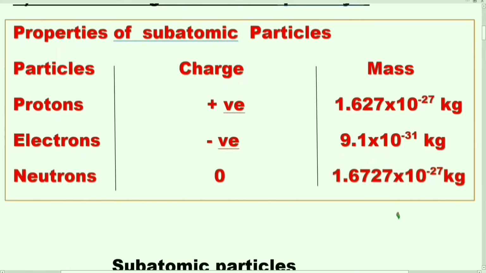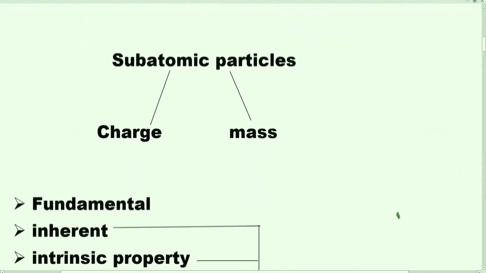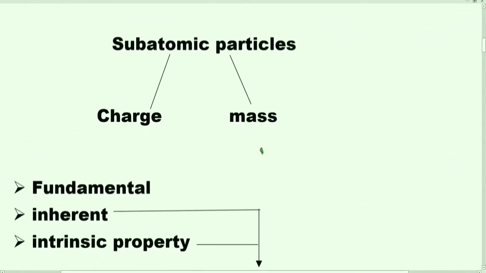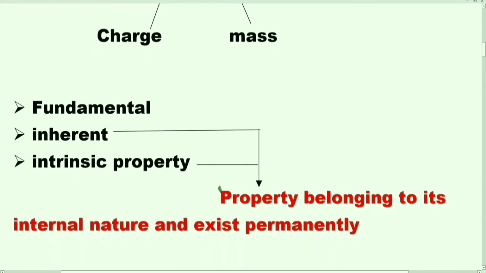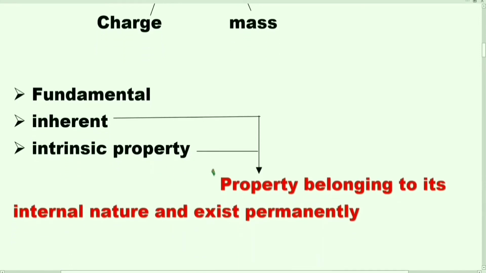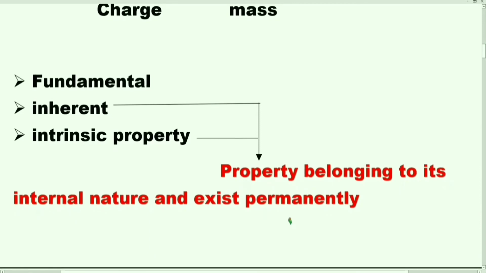The subatomic particles possessing charge and mass are fundamental, inherent and intrinsic properties of particles. Here the words inherent, intrinsic mean properties belonging to its internal nature and existing permanently.